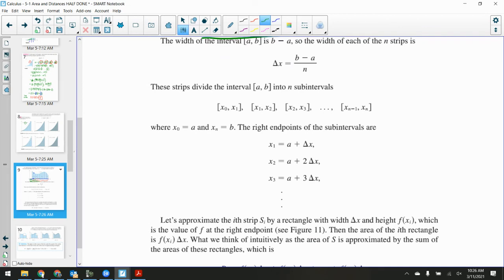So each x value is your starting value plus whichever strip you're on times the interval you have.